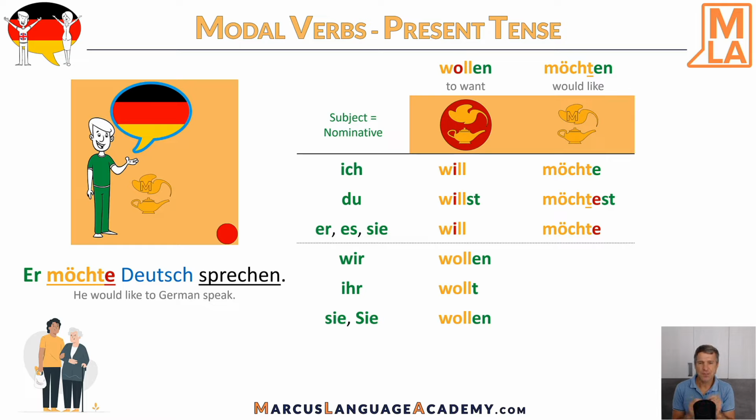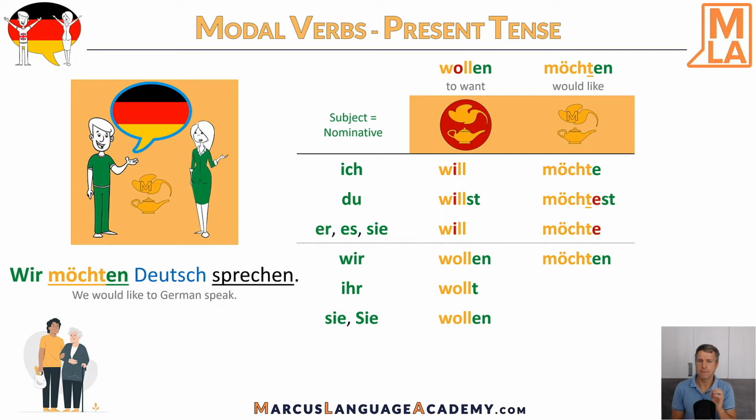A little bit strange, but the ending is again -e. And the plural is wir möchten. Wir möchten Deutsch sprechen. We would like to German speak. And the rest is ihr möchtet und sie möchten. And again we need our separator E for the second person.